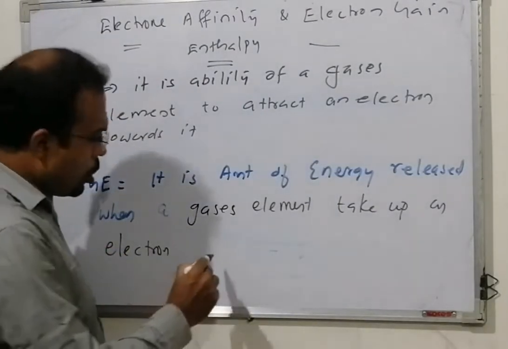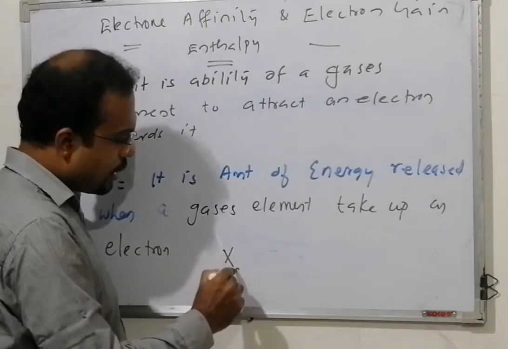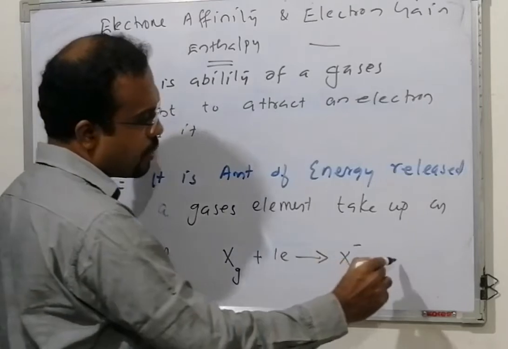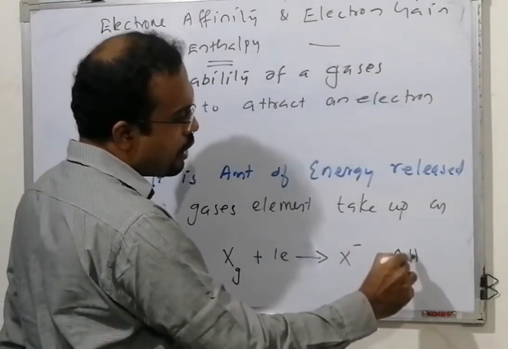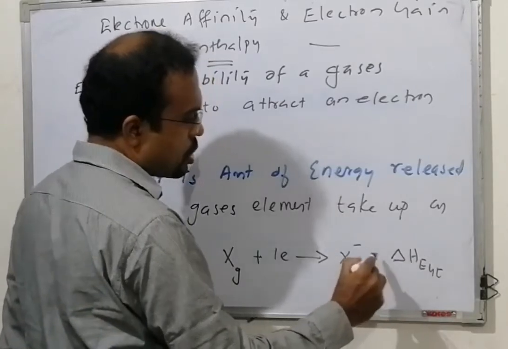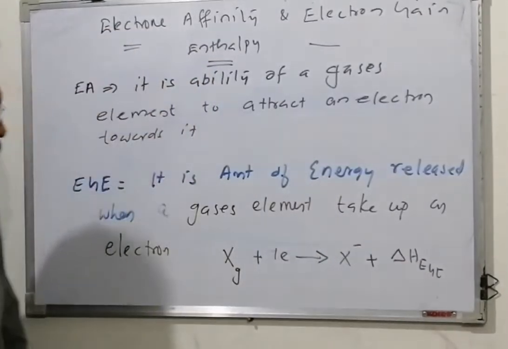Suppose you have an element X in gaseous state, take one electron, you are getting X minus and delta H, electron gain enthalpy. Plus this amount of energy released.